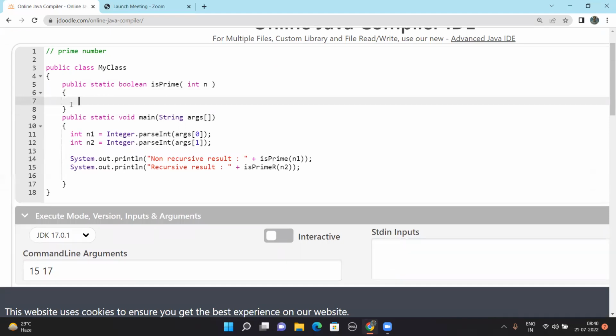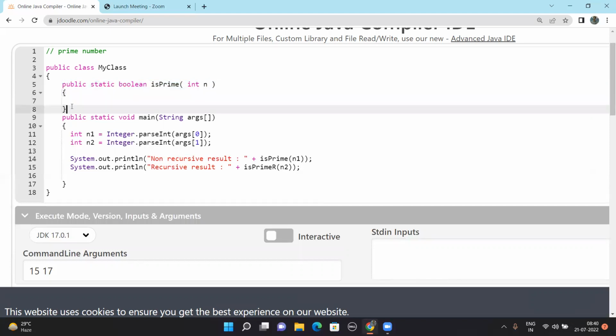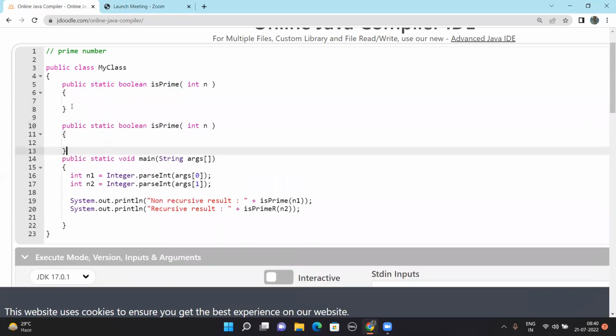Now, the second method: signature is similar to the first one. Its name is primeR. Let us complete the first one.